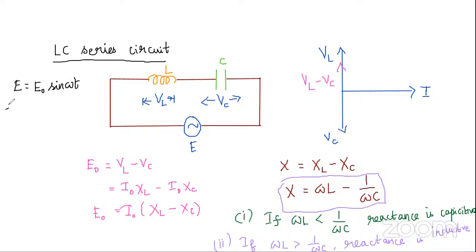There is no change in voltage, but current I is equal to I naught sin within the bracket omega t plus or minus pi by 2.